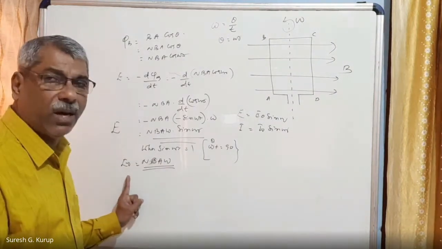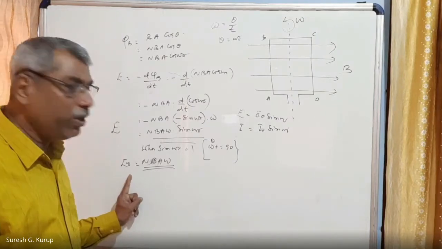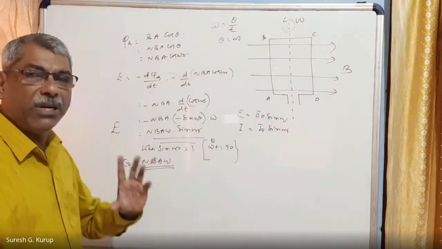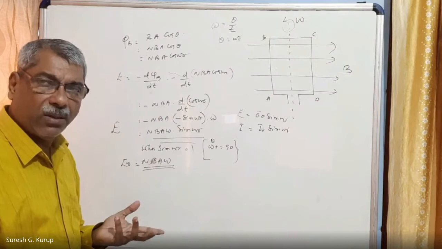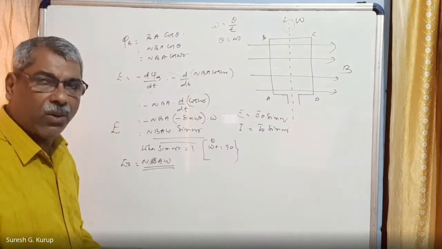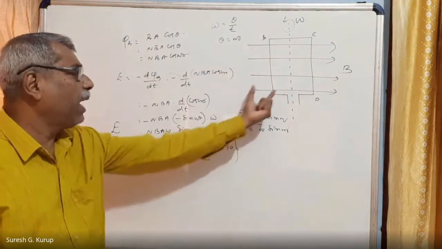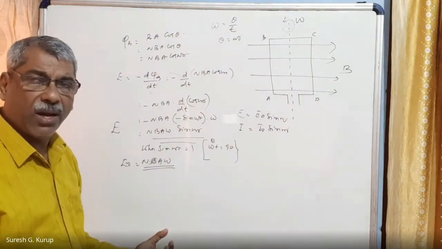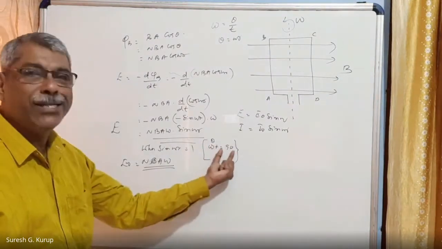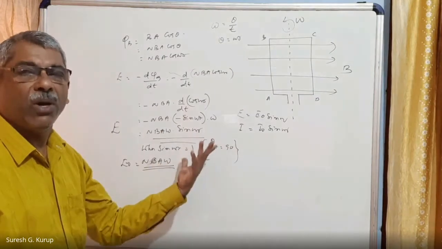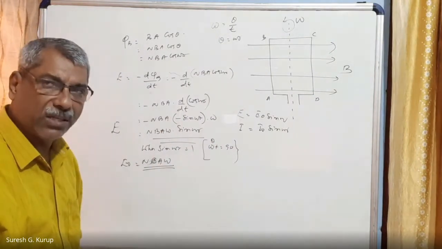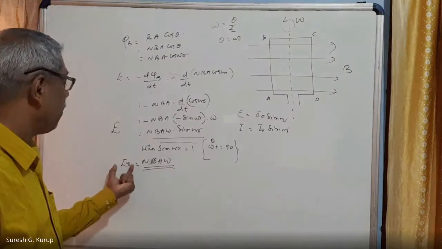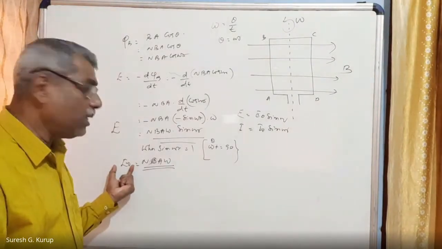At what point of time? That means at what angle made by the coil? When the coil is rotated from the initial position and the angle becomes equal to 90 degree, the EMF induced in the coil gradually increases and becomes maximum. That maximum value of EMF is called E0.